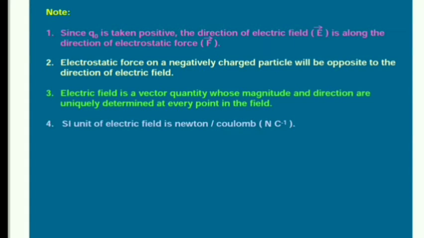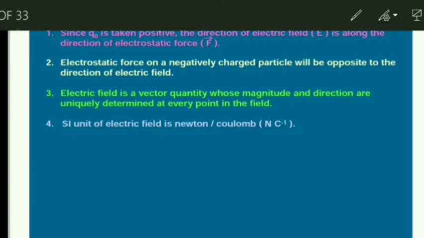Here is some note. Since q naught is taken positive, the direction of electric field is along the direction of electrostatic force. Friends, this fact can be understood as if we have two charges, one is positive and other is also positive. This is one case. And this positive we keep as it is, and other charge is negative. Then what is difference?